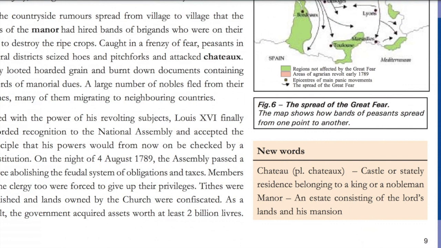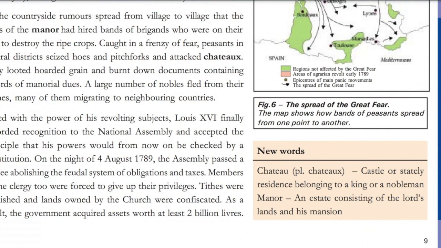Members of the clergy had to give up their privileges. They also had to pay tax now, and the tithes were abolished, and the lands owned by churches, gained by taking money from peasants, were also taken away.